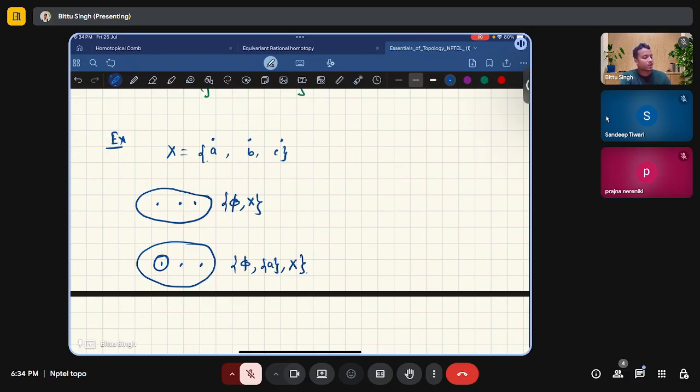Another example is to take another open set: empty, the whole thing, A, and AB. Again, this is also another chain, right? So tau 1, tau 2, and tau 3, all those are topologies.